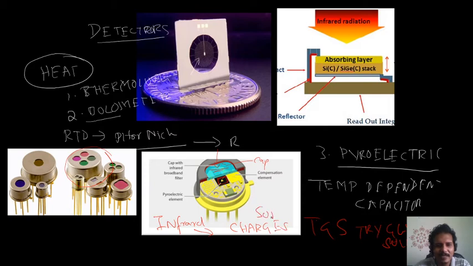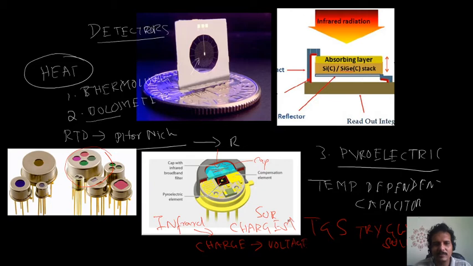Internally, on the back side of it, there will be a JFET or an op amp, which will convert this charge into a voltage. The charge developed due to the absorption of infrared will be converted into a voltage.